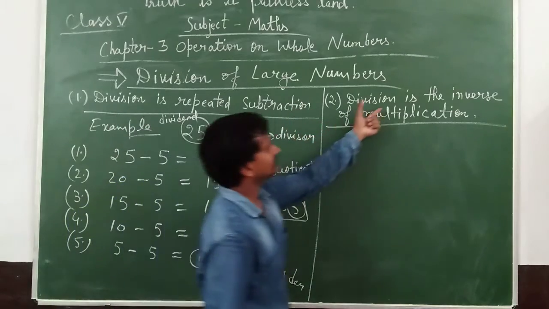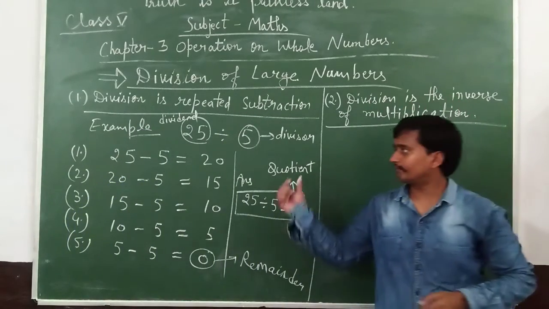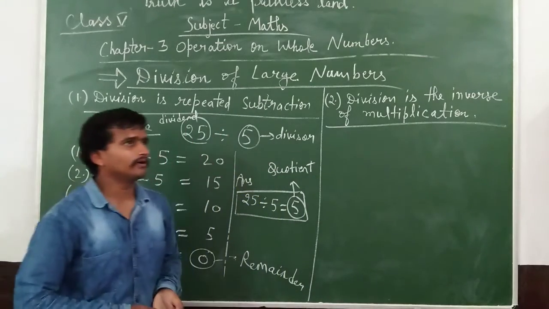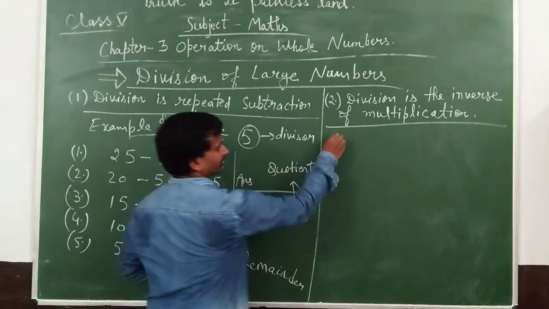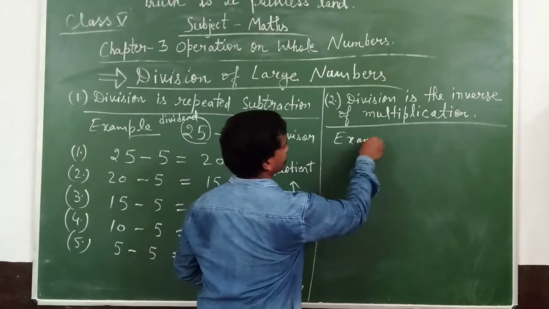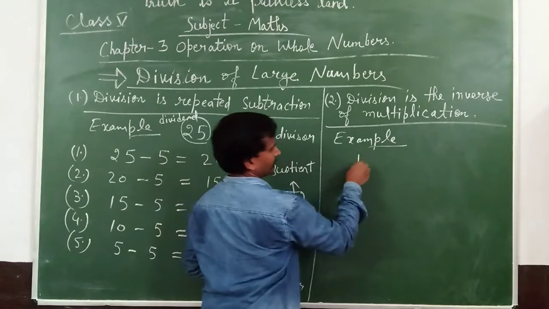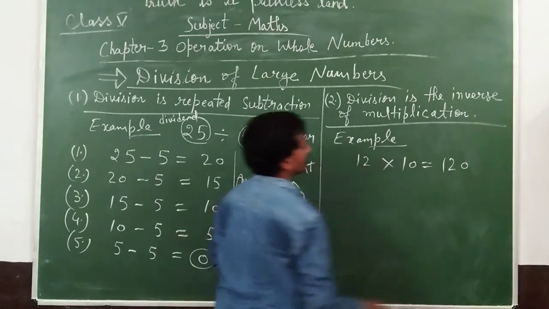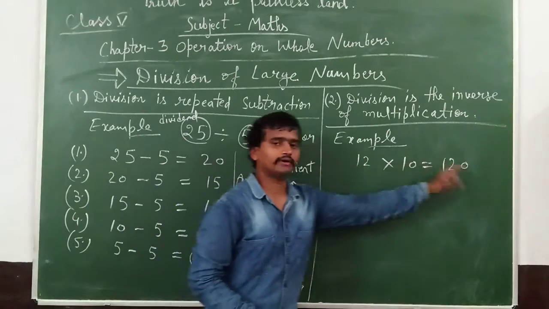Next, division is the inverse of multiplication. Division is the inverse process, the opposite of multiplication. For example, 12 multiplied by 10 gives 120.